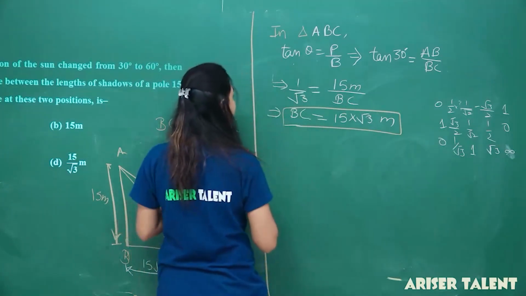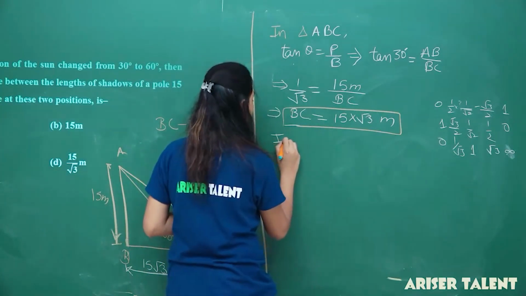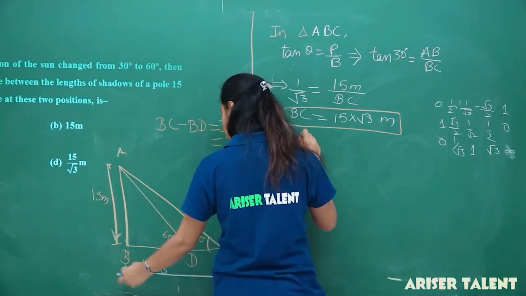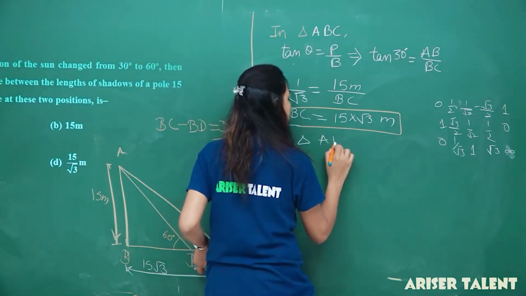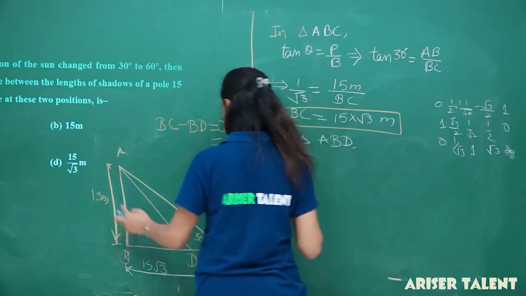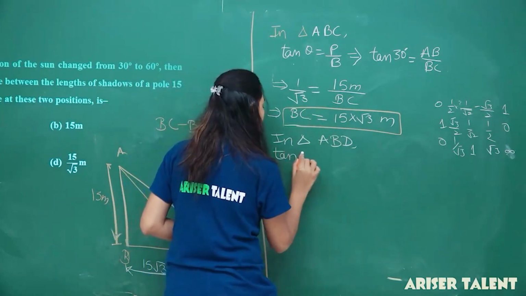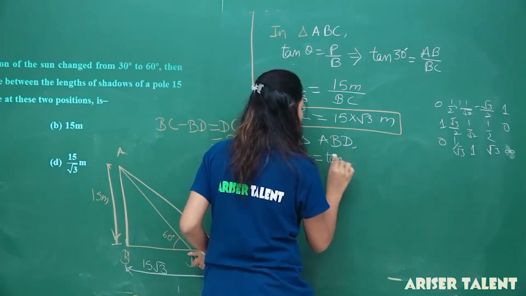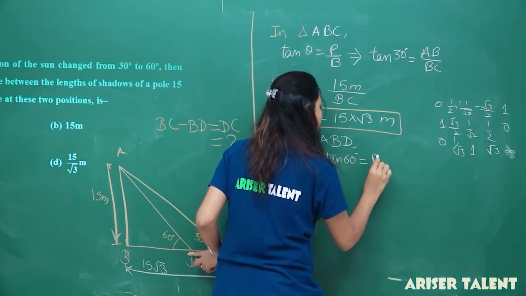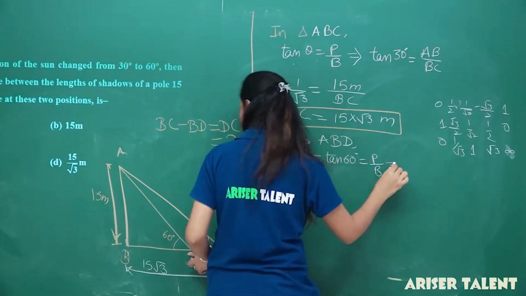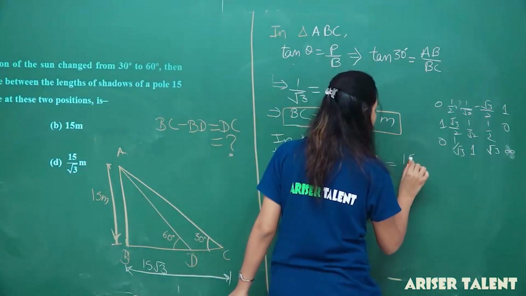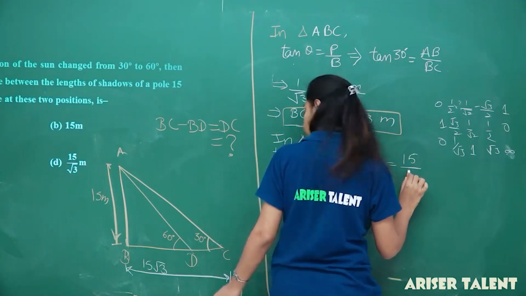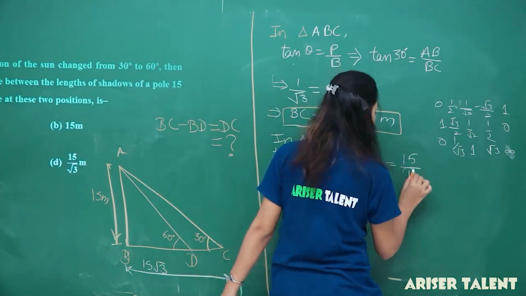In triangle ABD, I'll again have tan theta. Tan 60 degrees equals perpendicular upon base. The perpendicular is the same, 15 meters, and the base is unknown, which is BD.